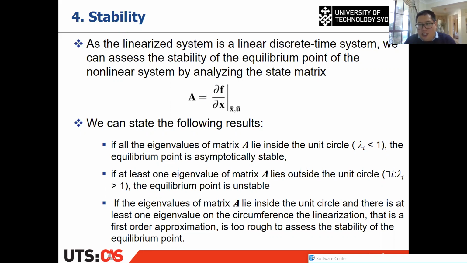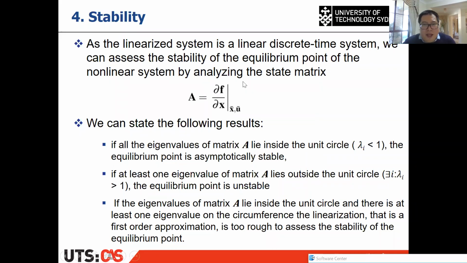Then for the linear discrete time system, you can analyze the stability. Which means you analyze the linearized system, so you analyze the stability at the equilibrium point.